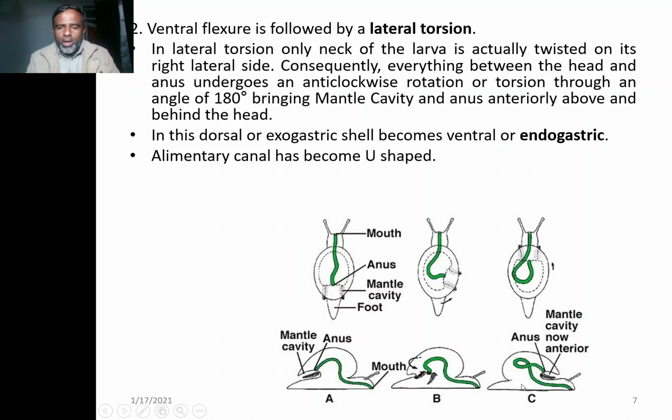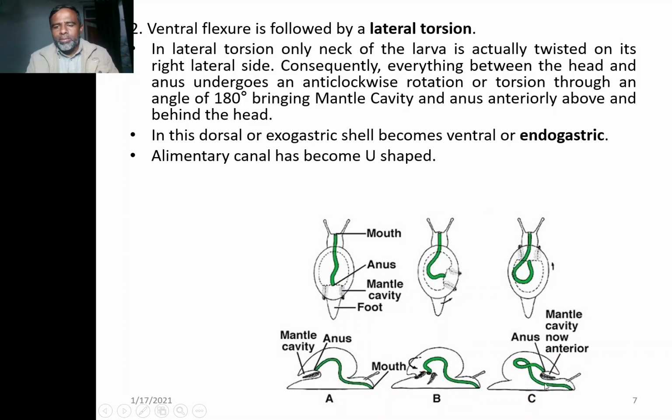But when it is brought to the anterior end, the animal will move in this direction, and the water meant for respiration will also flow in this direction, thereby flushing the mantle cavity from three sides: from the anterior side, from the left side, and from the right side.